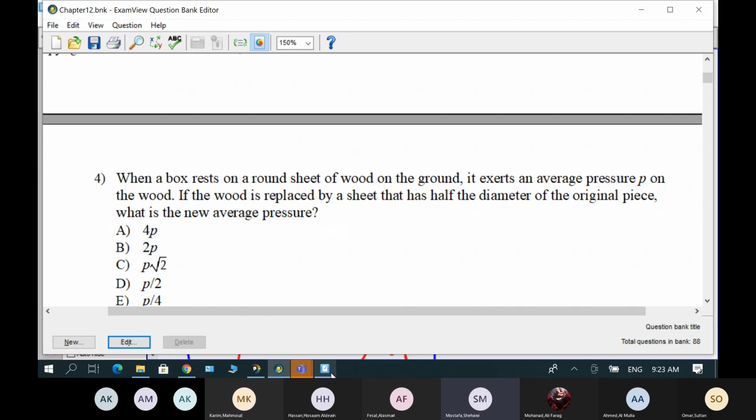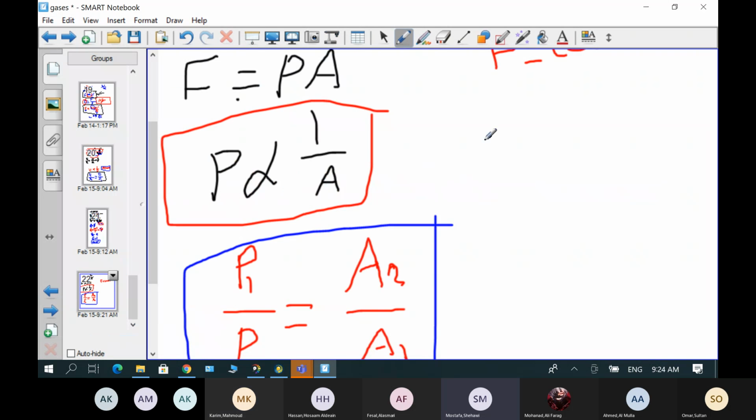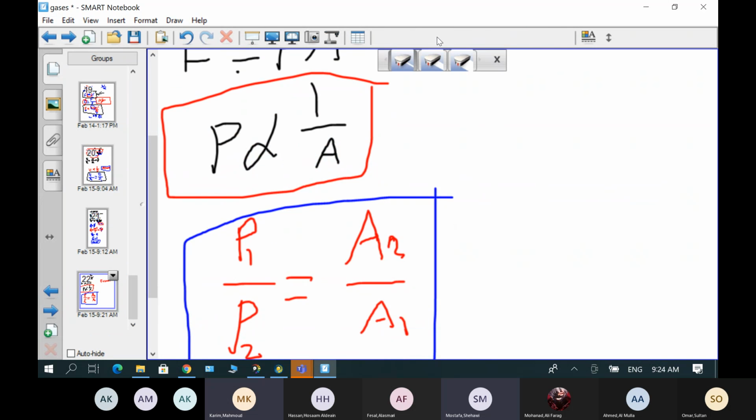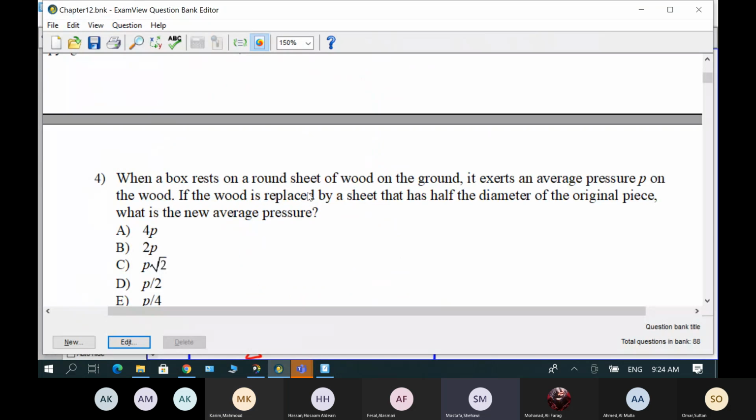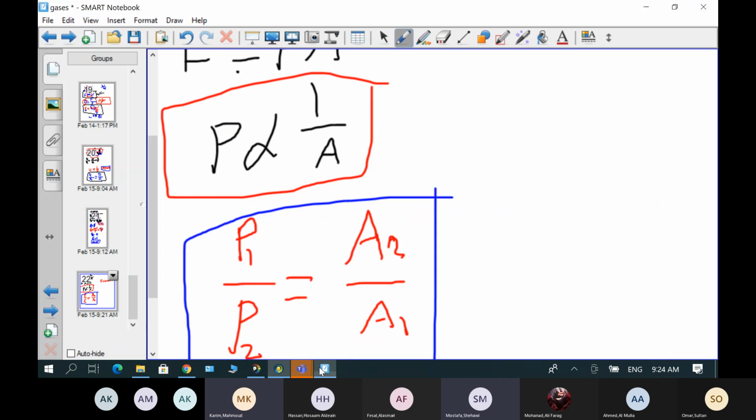In the same equation, how do we calculate area? Area equal what? How to calculate the area of a round sheet, a circle? Area equals pi R squared.